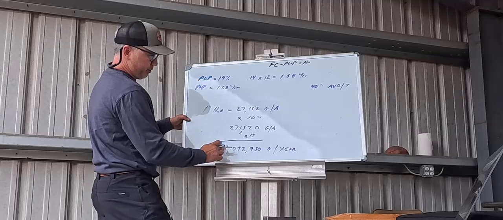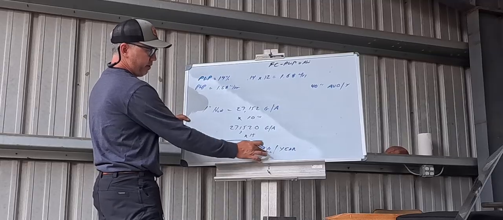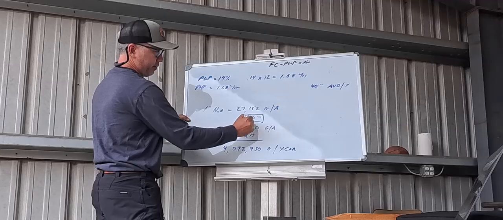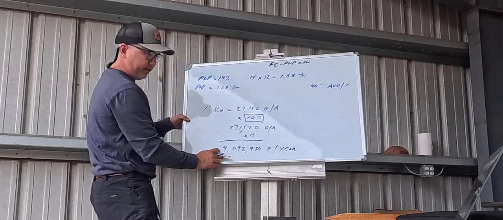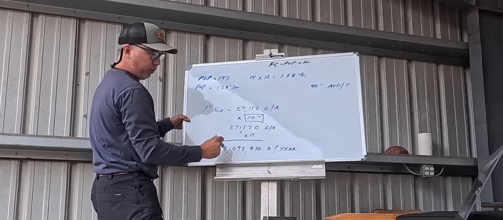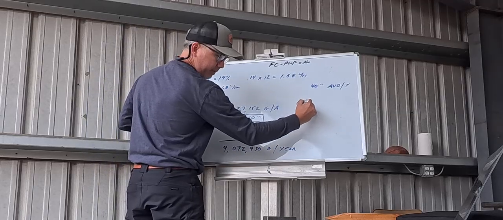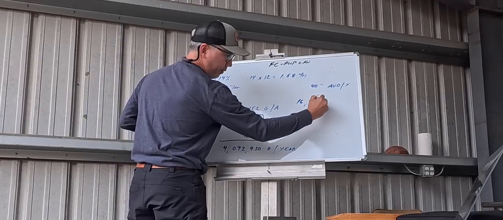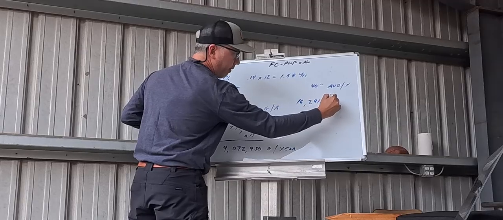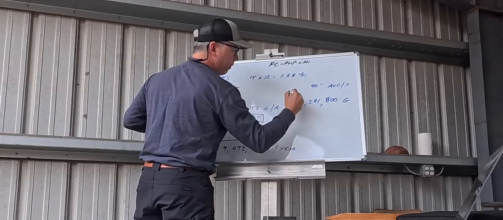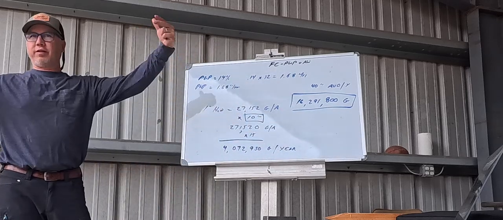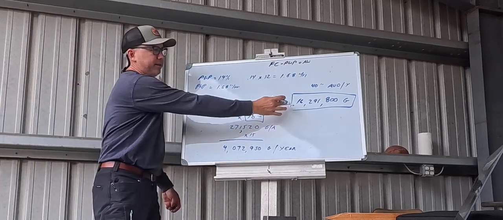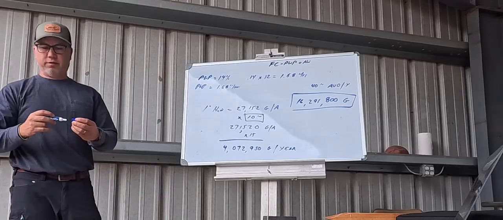So this was how many gallons we had per year for 10 inches of rain. Avocado wants 40 inches. So if I times this times 4, 16,291,800 gallons. So if this was a 15-acre avocado farm, we need 16 million gallons of water.